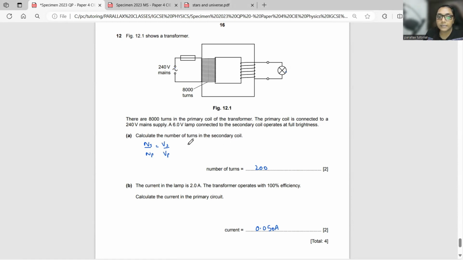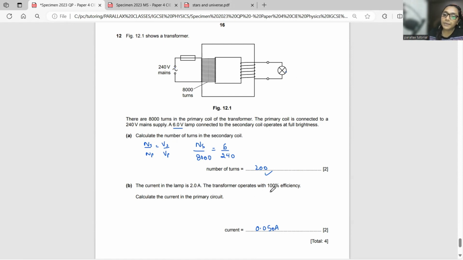Ns, the number of turns in the secondary coil, is what you're calculating. Ns by 8,000 will be equal to Vs, the voltage of the lamp in the secondary coil, which is 6, divided by Vp, which is 240, and then you solve and you get 200 as the answer.